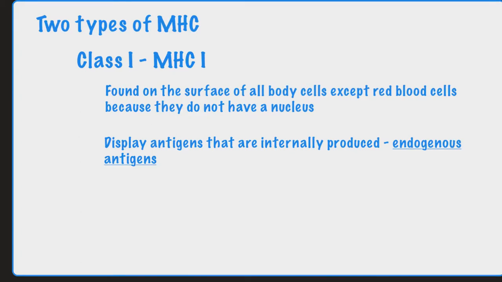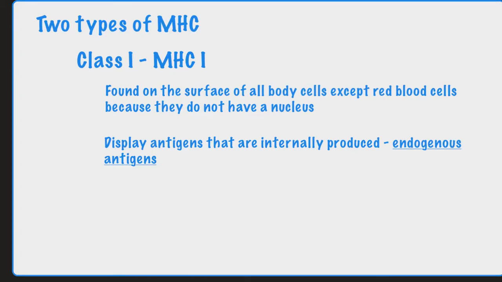These internally produced antigens are referred to as endogenous antigens. And because they can display both self and non-self antigens, this cell can be healthy. They will always show different things on there. Basically, the cell is showing the immune system what's going on inside of that cell, so the immune system can determine if whatever's going on inside is normal or if we should mount an immune response.